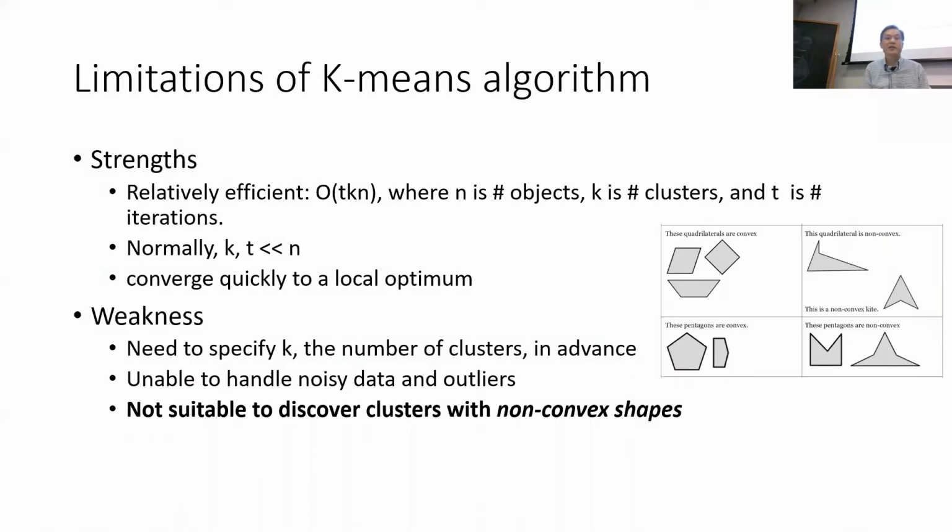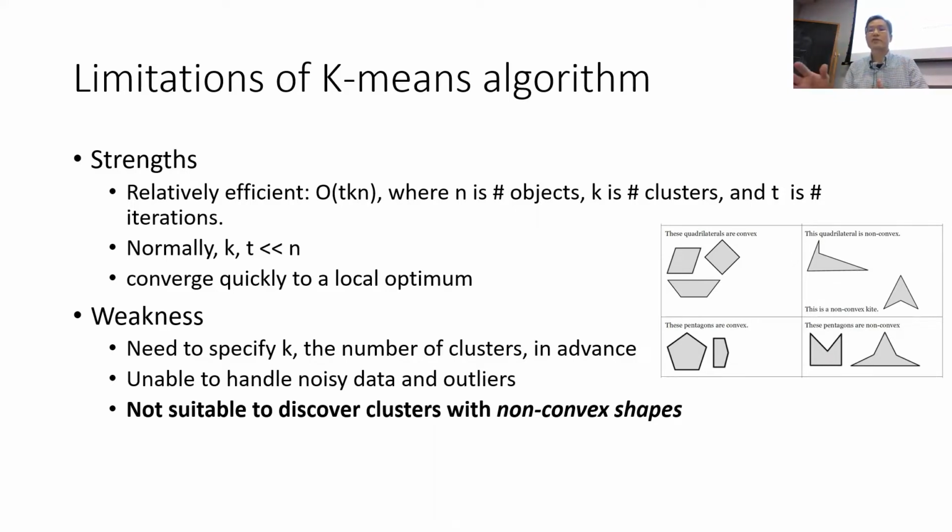Well, k-means and also this Gaussian mixture model have one weakness, that they're not applicable to the so-called non-convex shape. On your left side, there is a cloud. If your data points follow within that shape of the cloud, it's called convex.